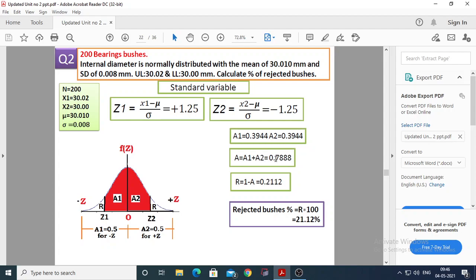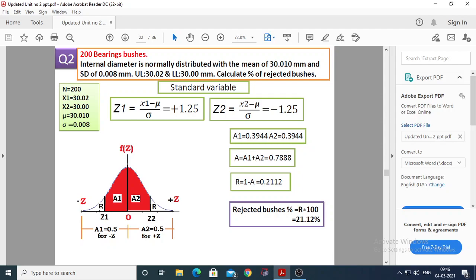Then how to calculate the rejected? Here I have shown the R in the graph. Check that rejected. The total area we consider as 1. Then 1 minus this accepted area, you will get the rejected. Yesterday we have seen that the area under the curve is always 1.